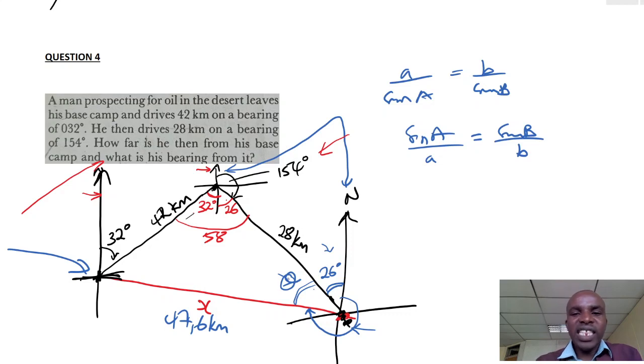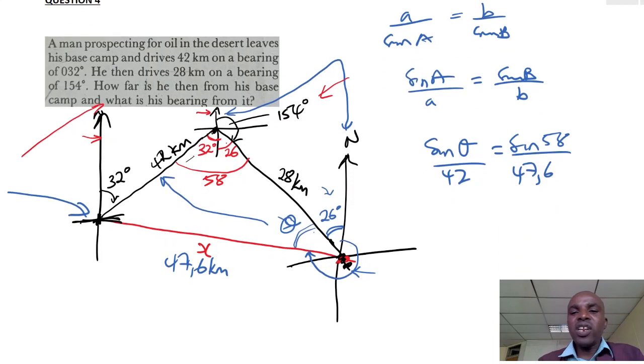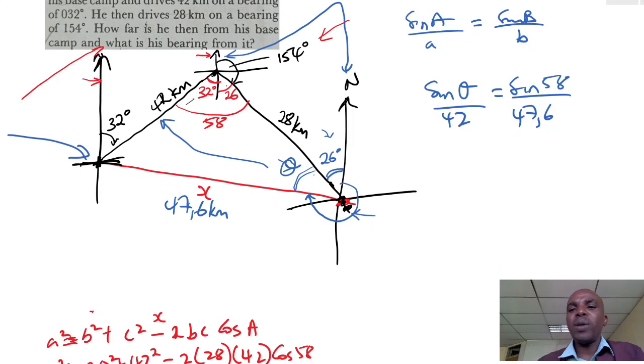Then sine A, that's theta that we're trying to find. So you say sine theta over A, that is the side opposite this angle theta, that one, 42, equals sine 58 over the side opposite, that's 47.6. Then the sine rule is a bit easier, you cross multiply.